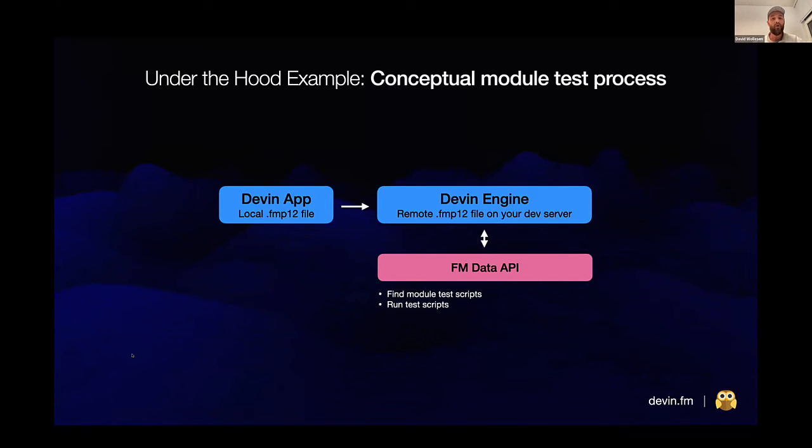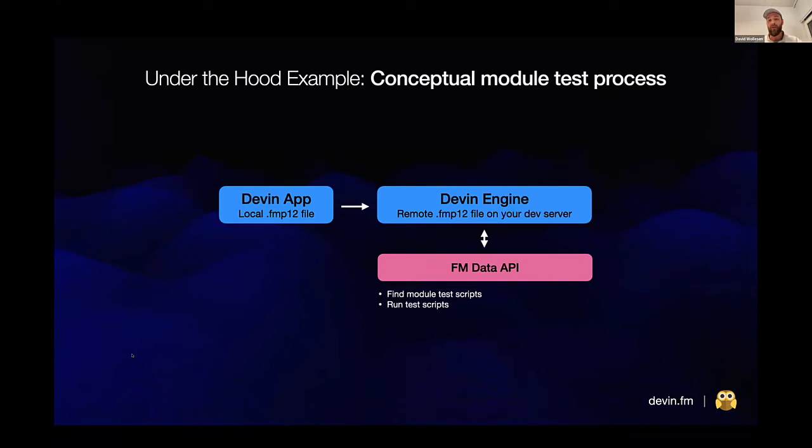So I'm just showing two different examples here. This is conceptually how it works when you run a test, and that is a very, very simple integration, you could say. From the Devin app, you trigger the operation in the Devin engine. Those are two separate FileMaker files: the Devin engine is hosted on your team's development server, and every developer has the Devin app installed on their computer.